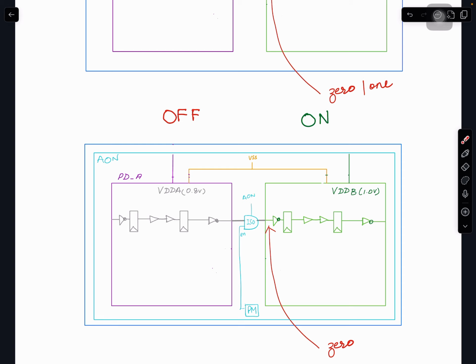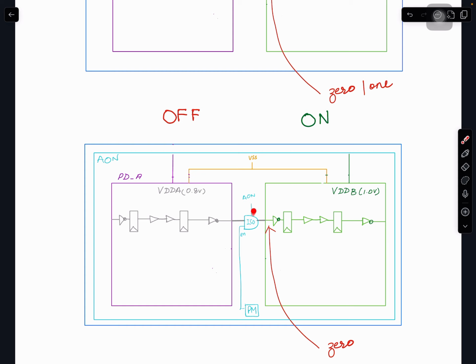It always stays on. That's where I mentioned in the previous video that your power management or your clock generation or some other signal which needs to be on all the time needs to be in that voltage domain. So that is one thing. This is coming from power management. This color is for always on.